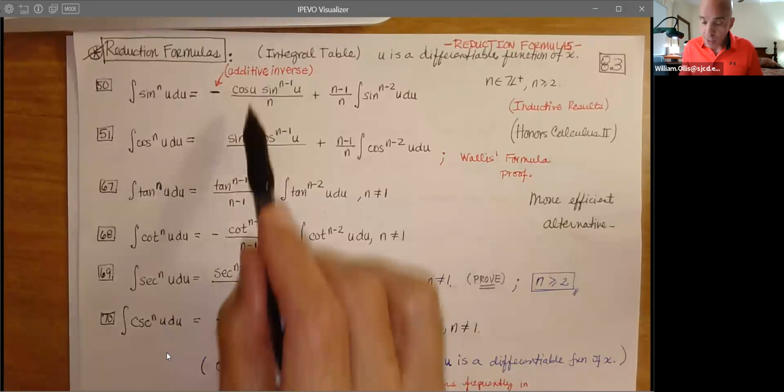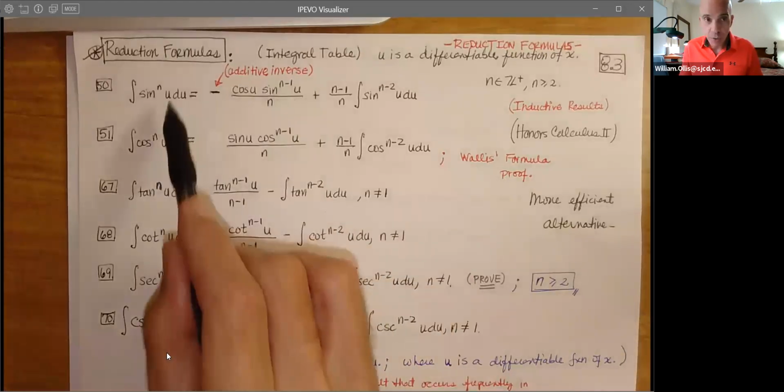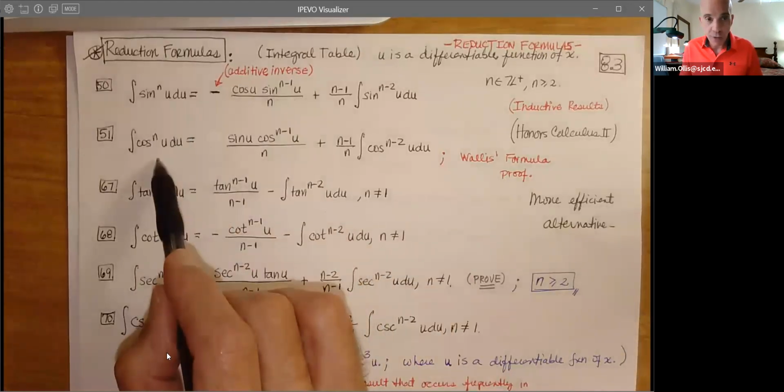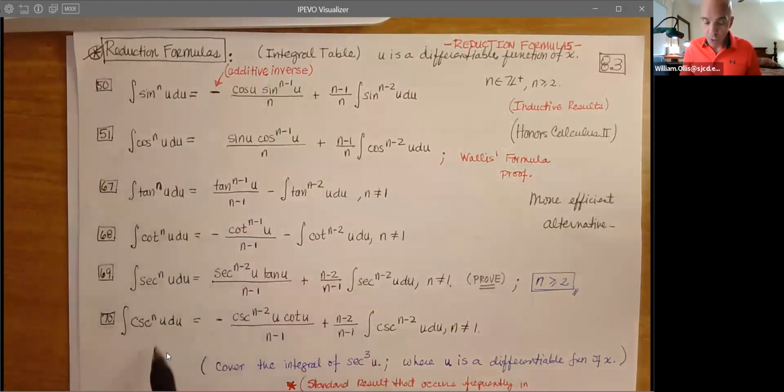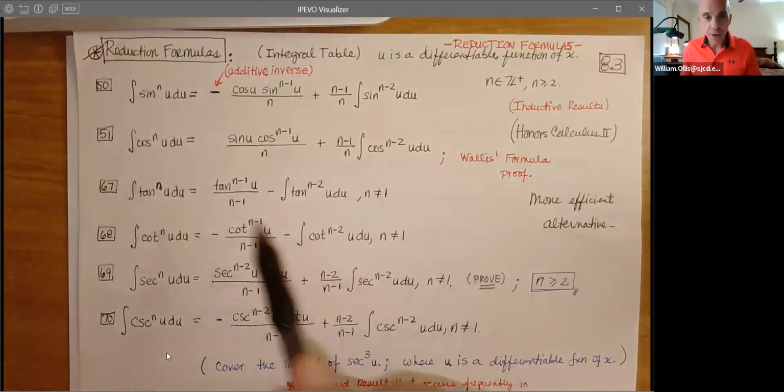So notice we have reduction formulas for sine and cosine, which I've stated, but we also have reduction formulas for the other 4 trigonometric functions. And so again, you can feel free to use these, but I don't want you to feel like you have to.